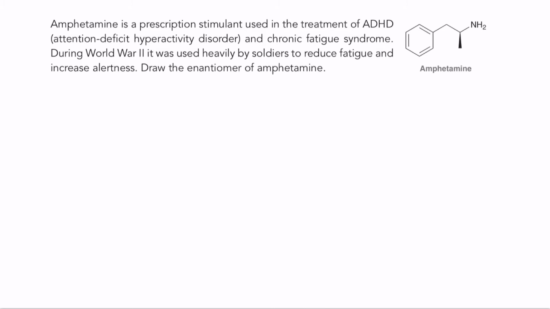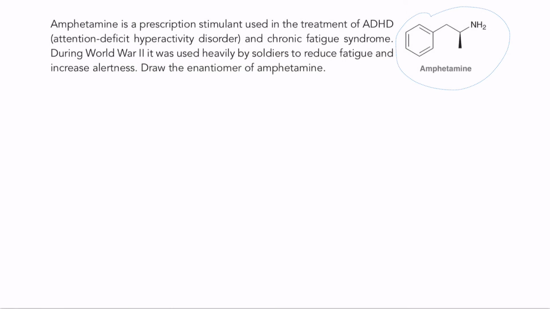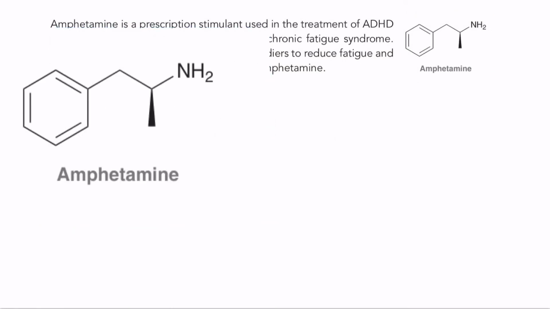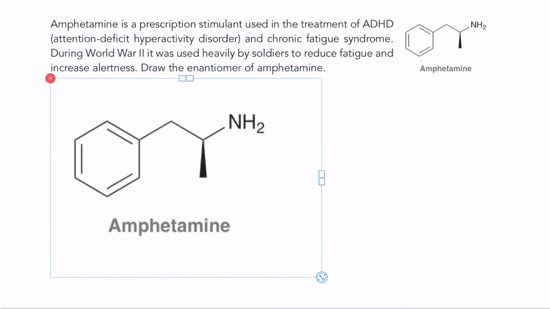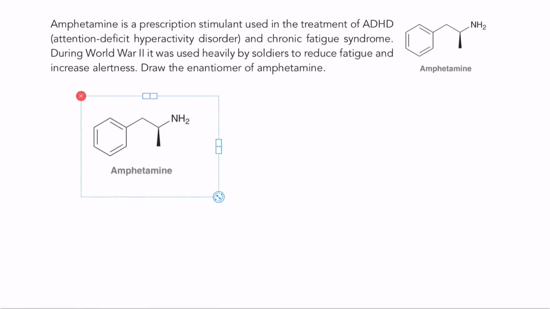The first thing we want to do is take this structure separately. So this is the structure that we have. The first way to draw the enantiomer is to imagine a mirror to the side.